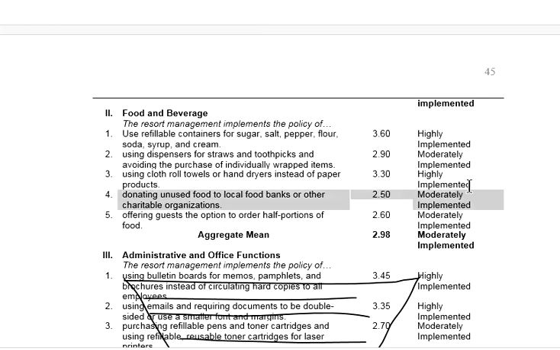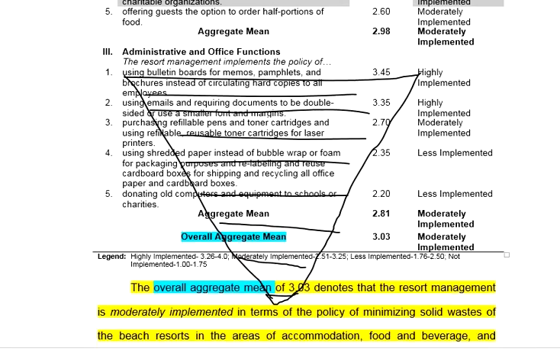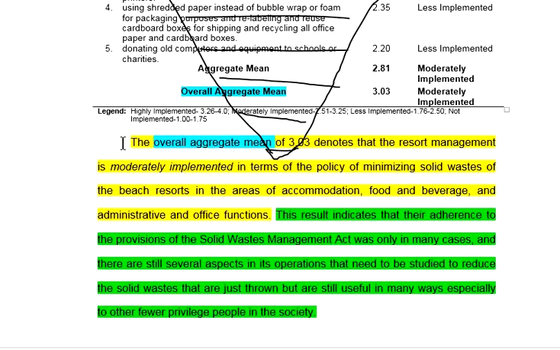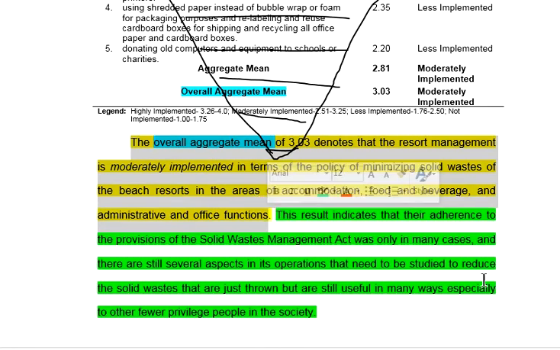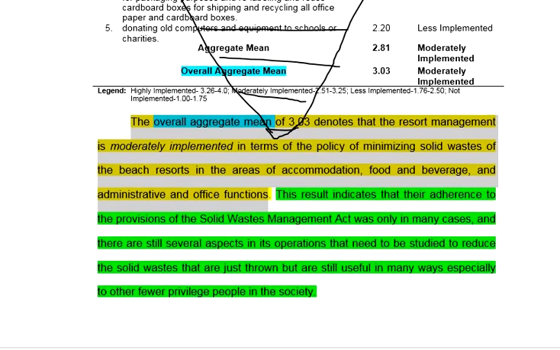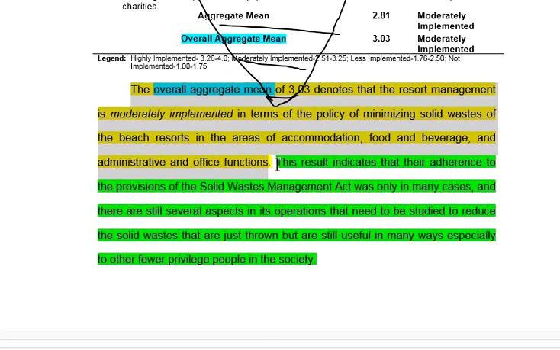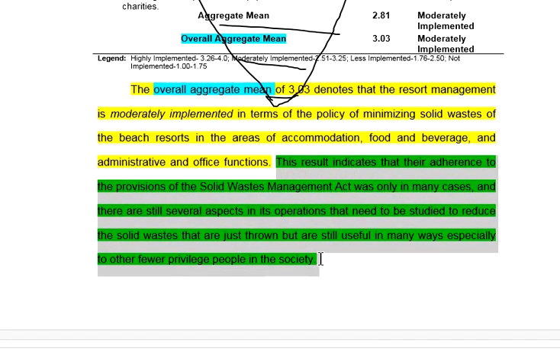So again, there is a presentation of the data, and after that a presentation of the data using a paragraph form. After presenting the data in paragraph form, you will have your own discussion, interpretation, and analysis of the data.